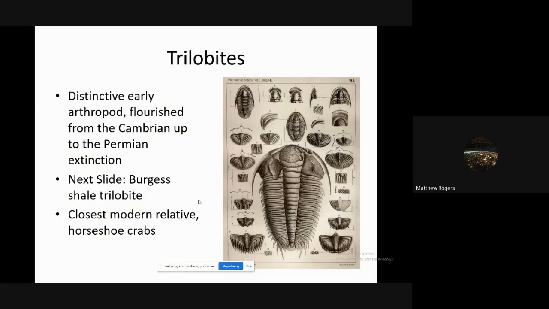Why couldn't they get through the Permian extinction? We don't know, but they lived all the way through the Paleozoic and started in the Cambrian. It was a very dominant species, a very dominant body type in the water. It's armored up top. It's quite flat. It's hard to kill. It can go underneath the sand. There's a lot of successes with trilobites that other animals don't have.